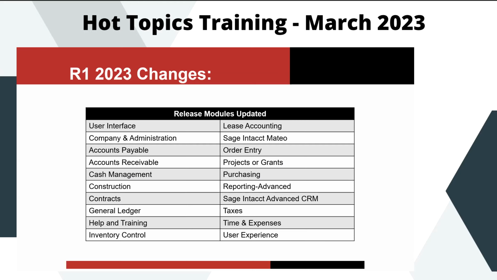We will touch on all of these modules and give you a summary of all the updates and additions that were made to Sage Intacct that will allow you to use it in a more efficient way for your business needs.